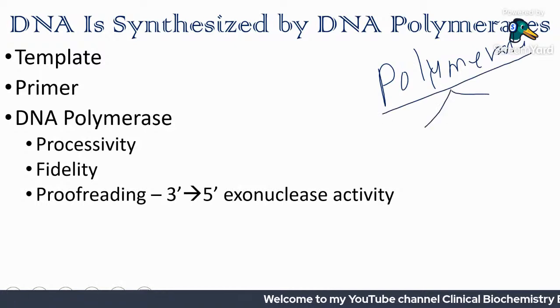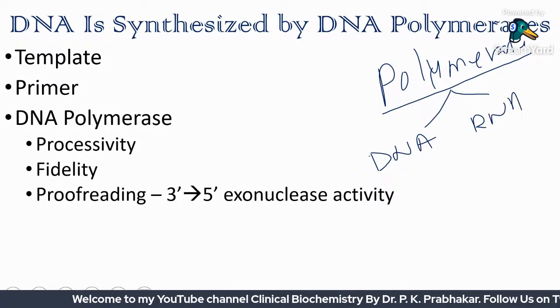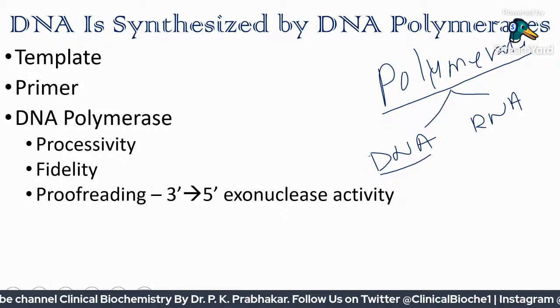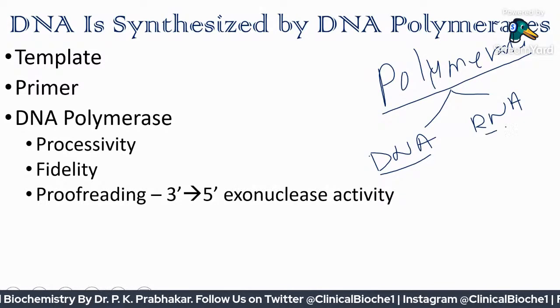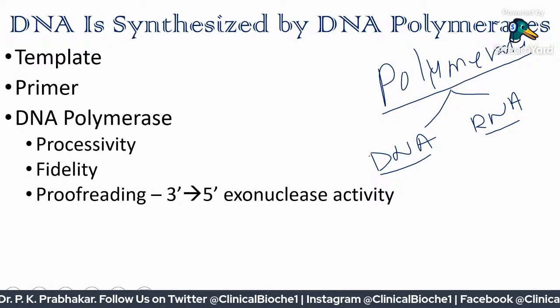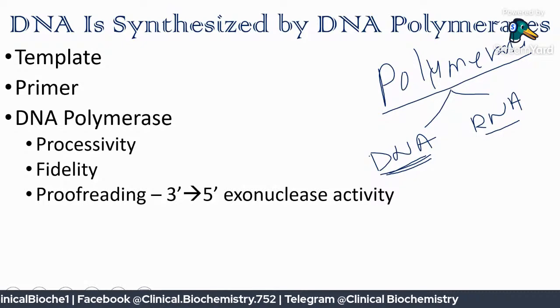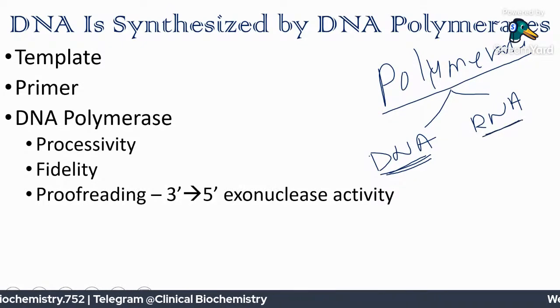This polymerase can be DNA polymerase or it can be RNA polymerase. ठीक है. अगर आपको डीएनए का मॉलिक्यूल बनाना है तो you require a DNA polymerase. If you want to make RNA molecules you require RNA polymerase. जो प्रोडक्ट चाहिए वो पॉलीमरेज आपको चाहिए. जैसे हमें डीएनए से डीएनए बनाना है तो हमें डीएनए पॉलीमरेज चाहिए. If you want to make RNA molecules then we require RNA polymerase.